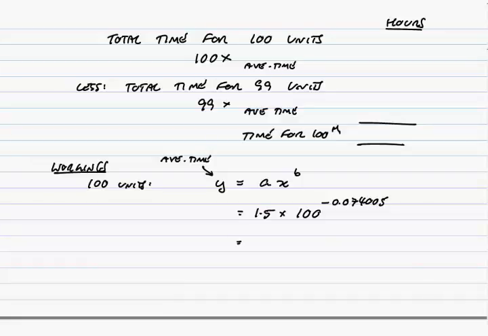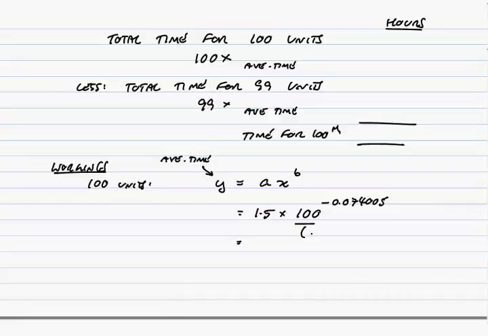Now, I can't really give calculator lessons on here. Different calculators do it different ways. But if I do the last bit first, 100 to the power negative 0.074005, I get 0.711197138.